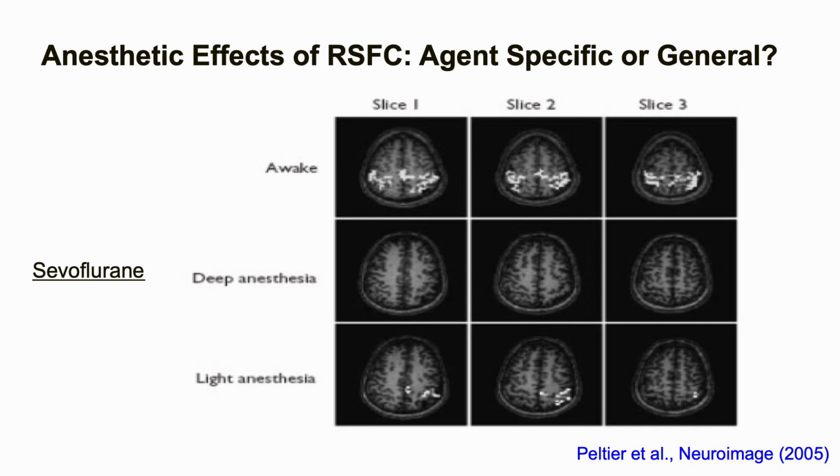However, not all anesthetics are the same. In another study using sevoflurane, Scott Peltier and Xiaopeng Hu showed that in the awake state there was correlation both within and between sensory motor cortex. In the light anesthesia condition there was a connectivity pattern within the sensory motor cortex, either on the left side or the right side, but not between left and right.